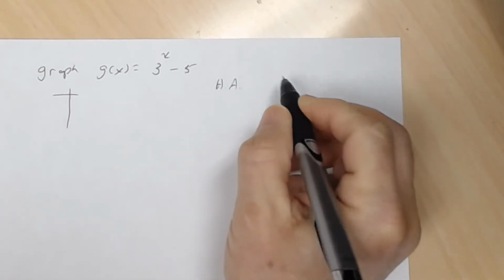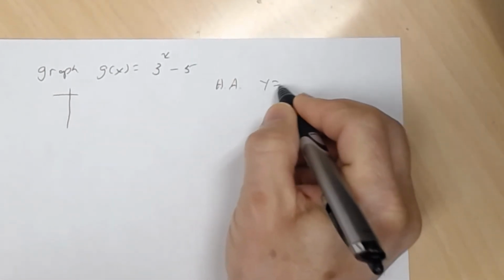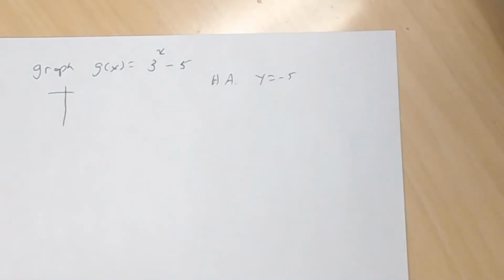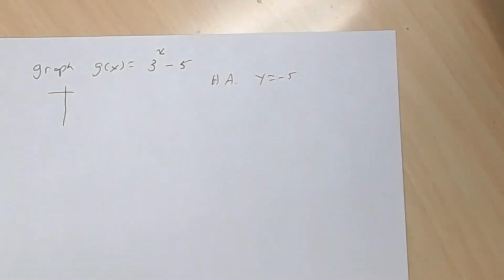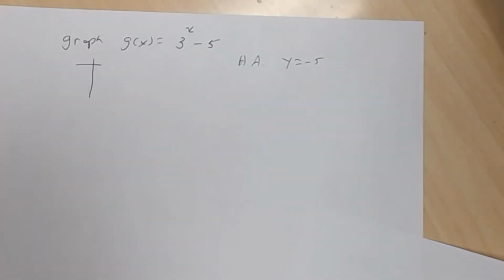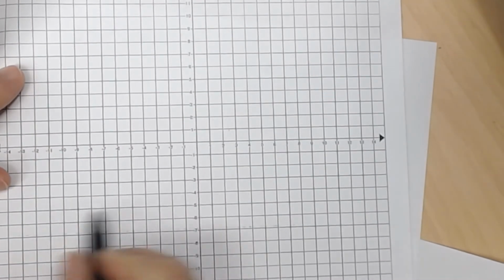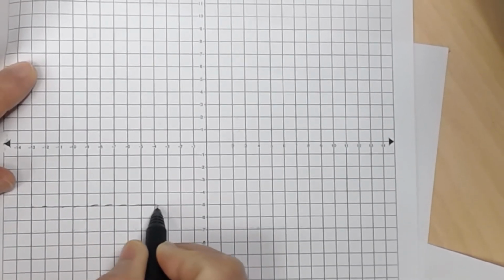What's the horizontal asymptote? Well, the horizontal asymptote is y equals negative 5, right? So right away, and we'll go ahead and get a grid paper, I can draw my horizontal asymptote. That's the first thing I would do. So y equal negative 5. It's a dotted line, right? Horizontal dotted line. Here's negative 5. So let's go ahead and draw this dotted line. Okay?